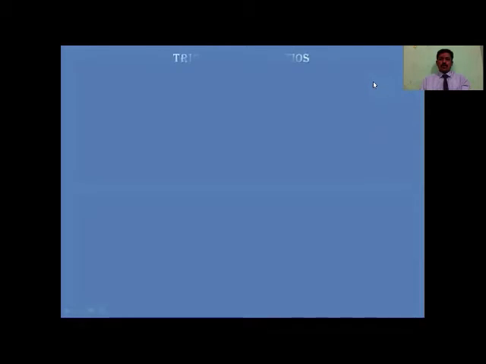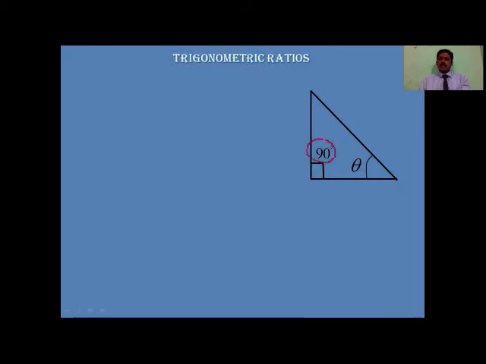Now we are going to see about trigonometric ratios. To define these trigonometric ratios, we have to consider a right angle triangle. A right angle triangle means nothing but a triangle that consists of a 90 degree angle. Now, using this, we are going to define the terms. The side opposite to that 90 degree angle is called the hypotenuse.